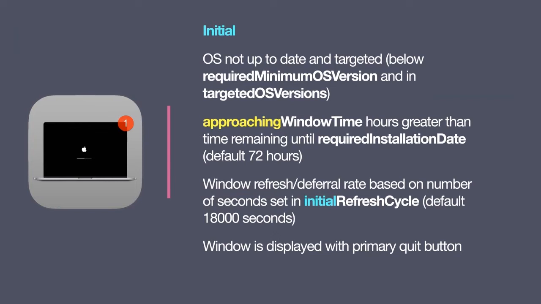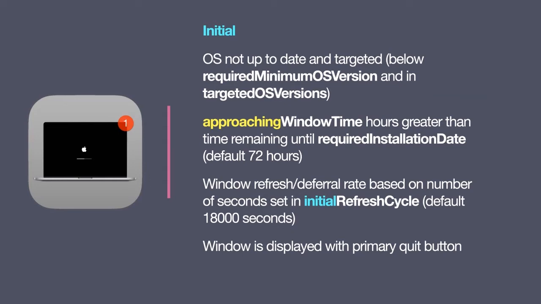Okay, and next stage, DEFCON 4, Nudge is at its initial stage. The conditions here are that the installed version of macOS is less than the required minimum OS version preference, that the installed OS is listed in the targeted OS versions, and the number of hours before we reach the required installation date is greater than that set in a preference called approaching time window. By default, that's 72 hours.